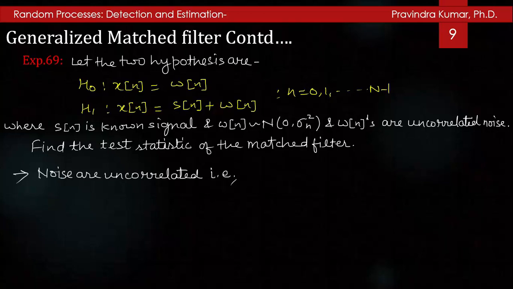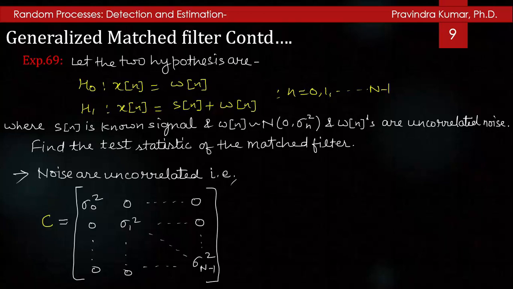Since the noise samples are uncorrelated, the covariance matrix C will be a diagonal matrix with sigma naught square, sigma 1 square, up to sigma N minus 1 square on the diagonal and zeros elsewhere.